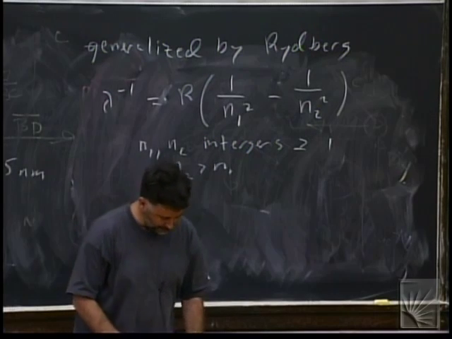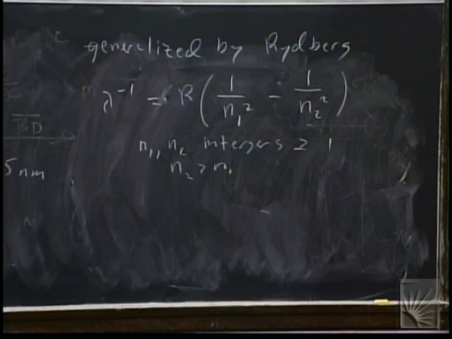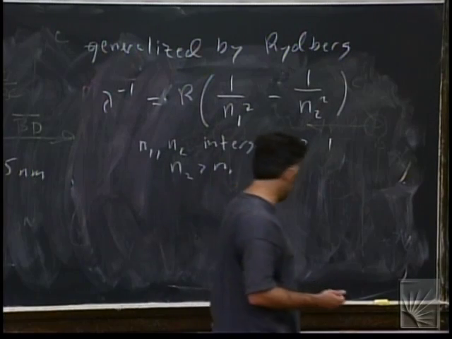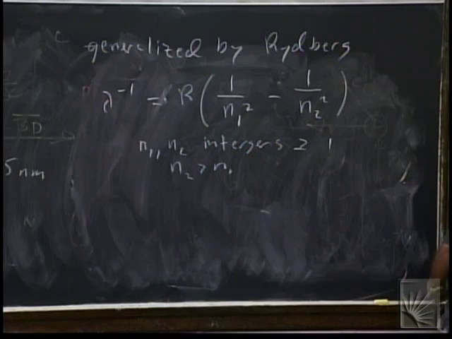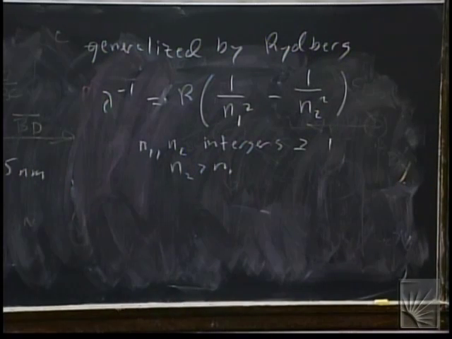Okay? But Balmer and Rydberg couldn't explain why we were seeing this pattern. And basically Bohr came up with a model that explained the pattern.